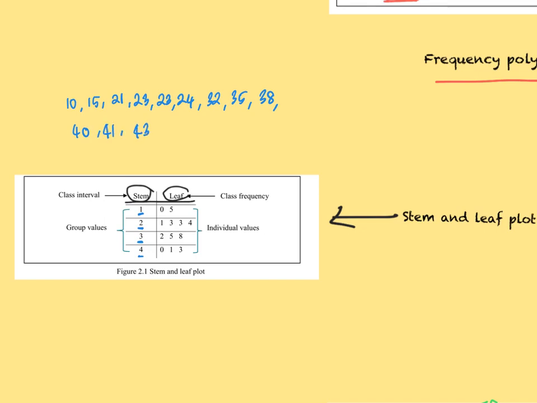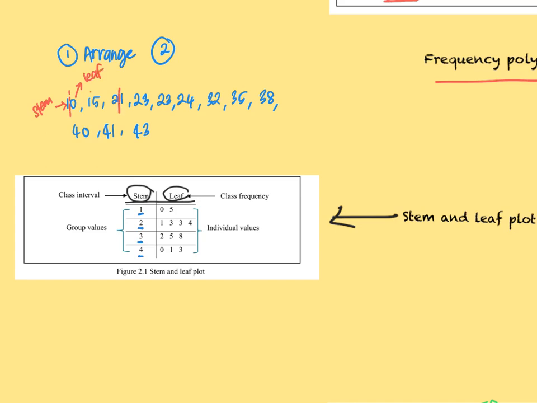The characteristic of stem and leaf: first, you need to arrange the values. Second, you need to divide based on the stem and leaf. We simply need to have one digit to be the leaf. So for the first value, when we divide the number, 1 is the stem, 0 is the leaf.